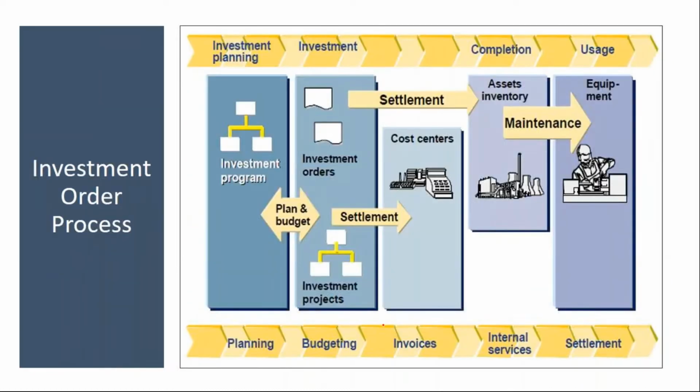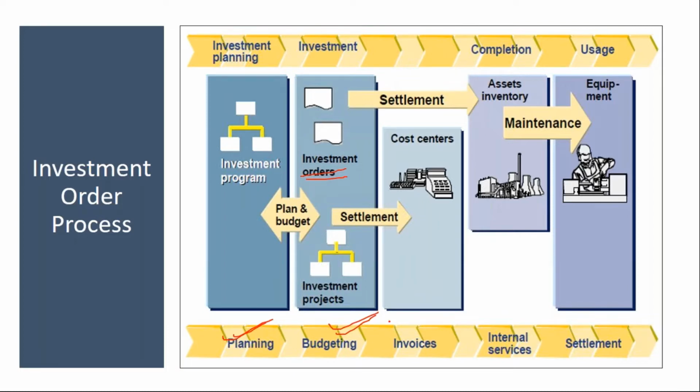So this is the total process. First, they will do the planning. Planning means the PM team will create an order, an investment order. PM team or finance team, it depends. Then that investment order gets created. For that investment order, they will do the budgeting. The finance team will allocate the budget.